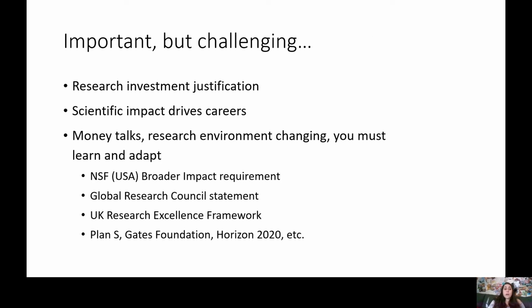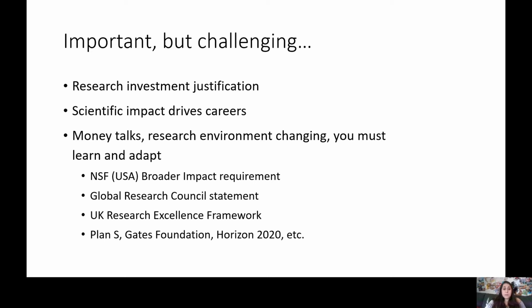So, we really talk about having an impact, but obviously this is still a challenging way to work. At the end of the day, you need to show justification for what you're doing. So again, this is why we're picking our target audiences. A few examples here. Obviously, I'm a little more familiar with the US than with Indonesia, but for us, things like the NSF require grant money applicants to prove that their experiments will have broader impacts.